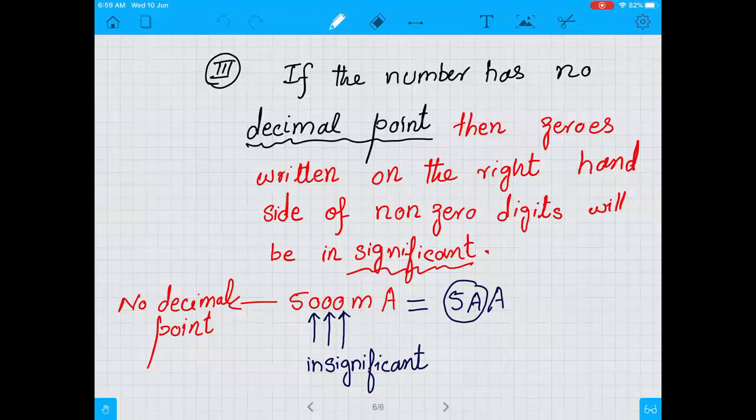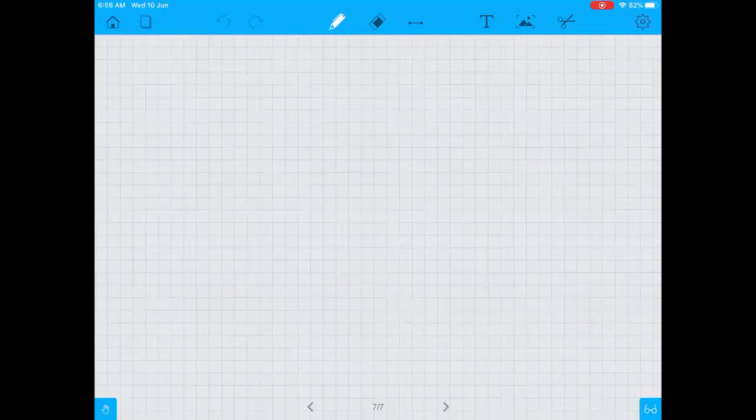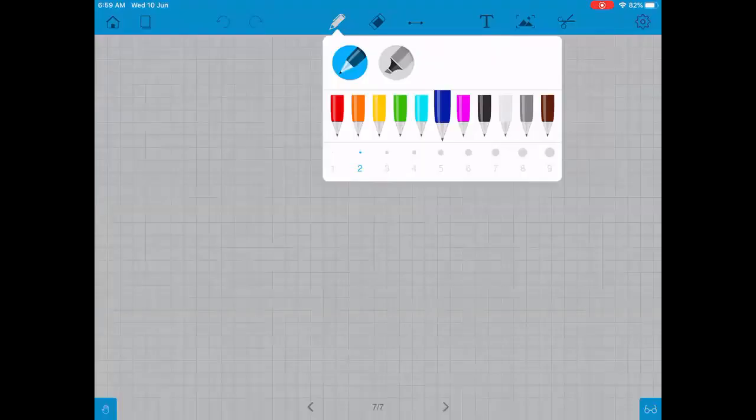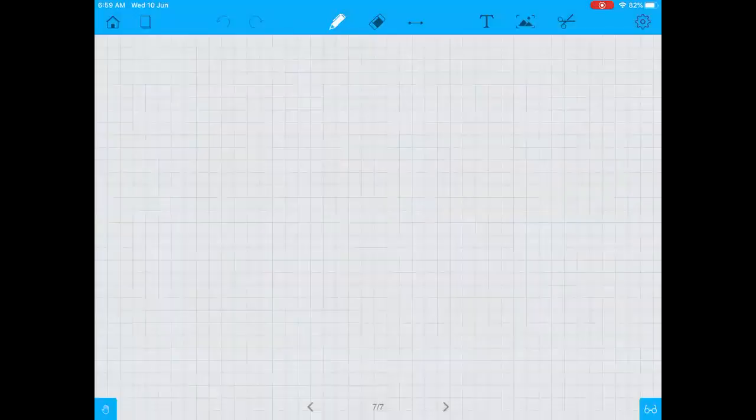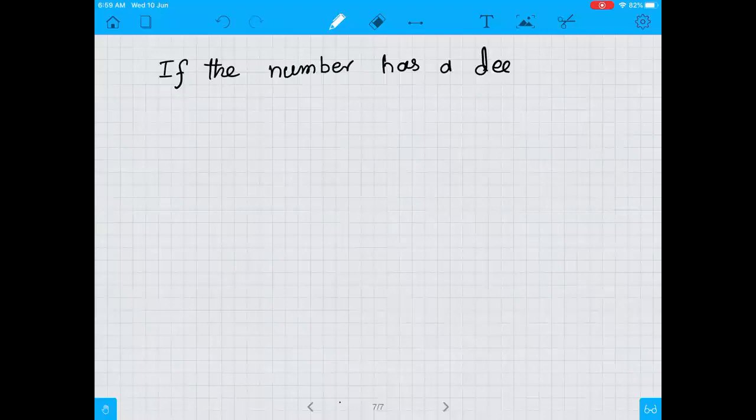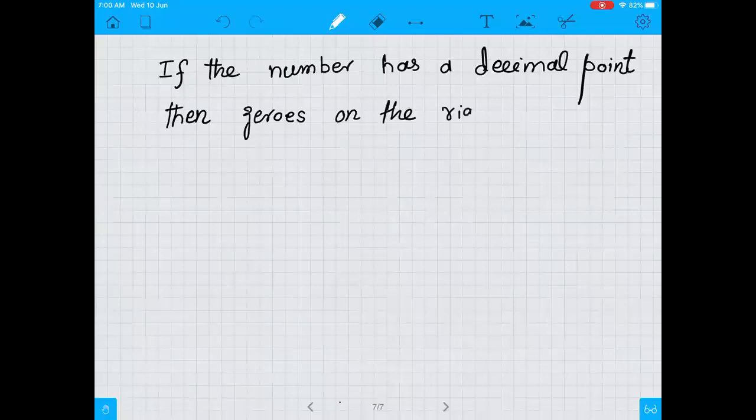Now if you get some zeros in a number on the right hand side and the number has a decimal point, then zeros on the right hand side are always significant.